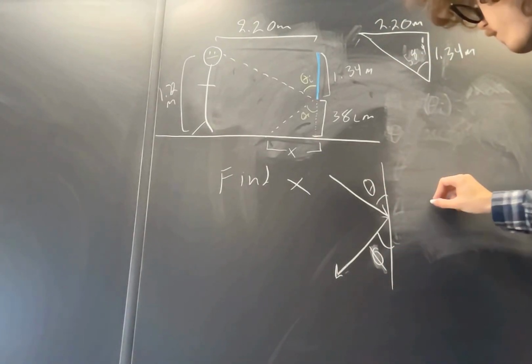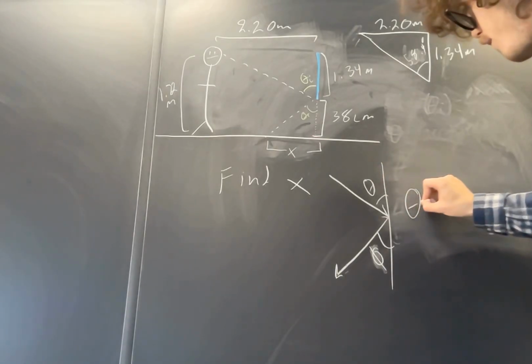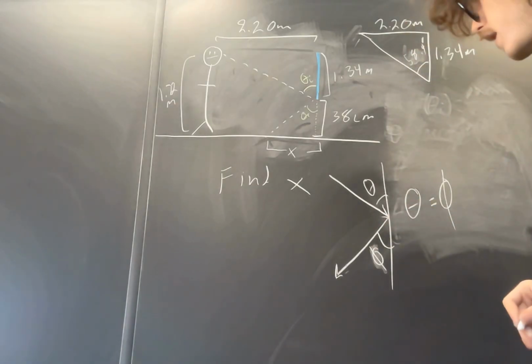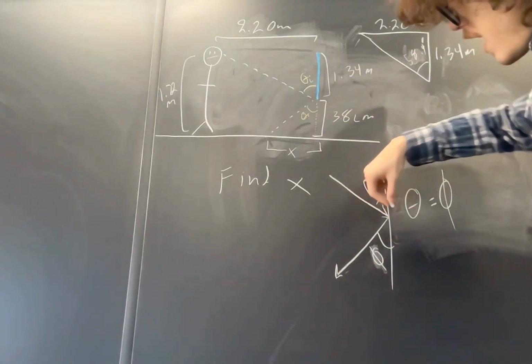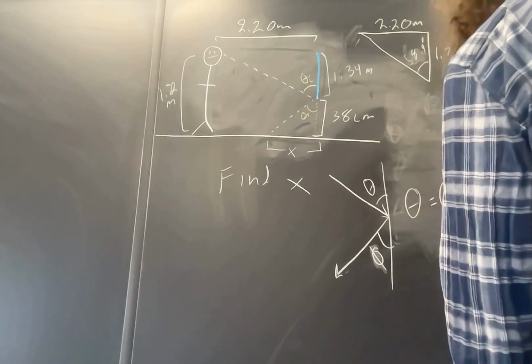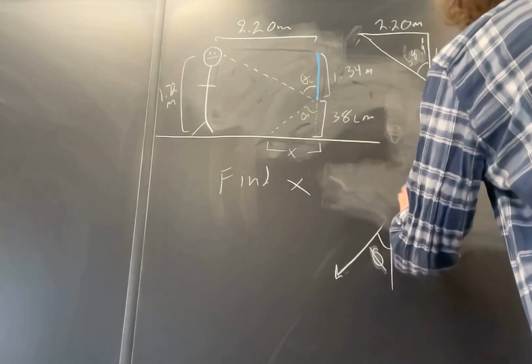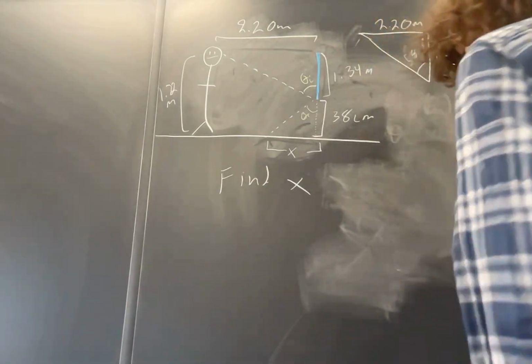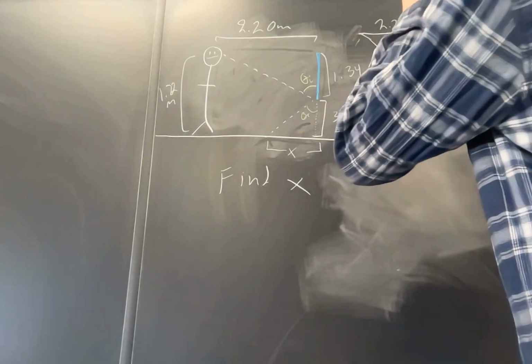The law of reflection says these two are equal: theta equals phi. So incident angle equals reflected angle. I'm pretty sure most of you know that. It's not a hard law to understand. But anyway, let's get back to it.